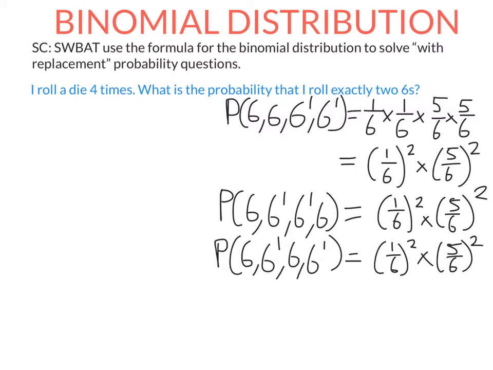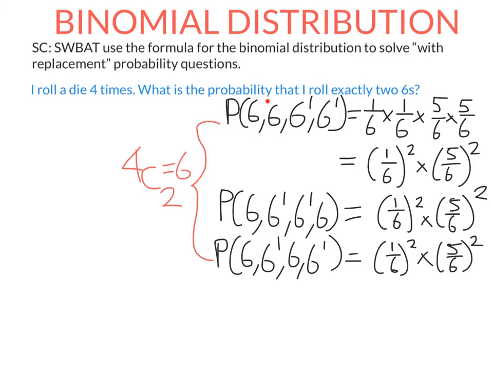So the total number of ways that I could roll exactly 2 6s is just 4C2. 4 rolls, and I'm picking 2 of them where I rolled my 6s. So, of course, 4C2, you can use your calculator, or Pascal's triangle, is just 6. There are actually 6 ways I could get this.